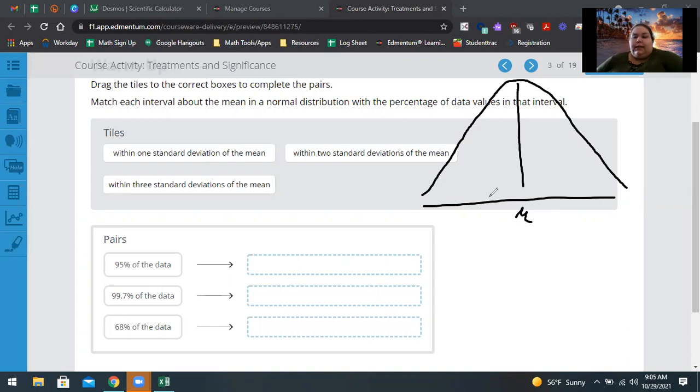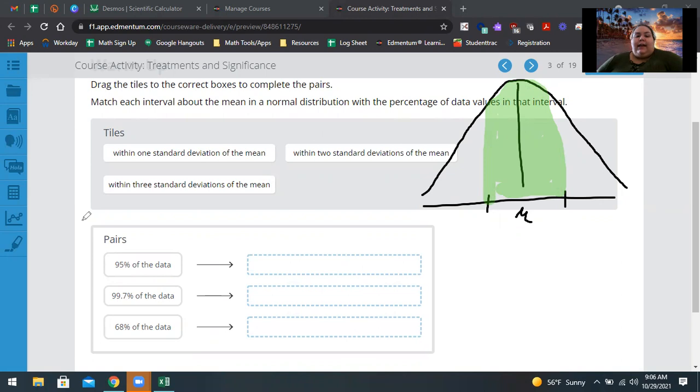So if this is within one standard deviation, you're going to cover this whole area under the bell-shaped curve. Now the question is, what is the percent that relates to this when it's within one standard deviation? Remember, the whole curve is technically 100%.